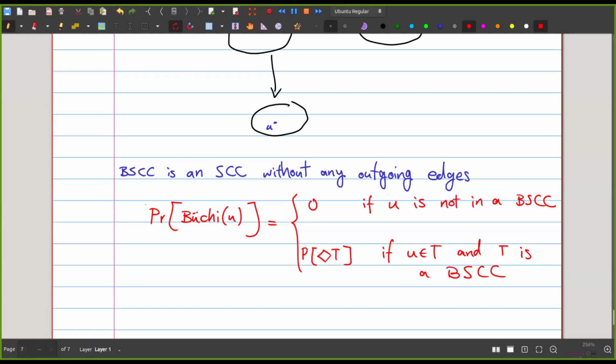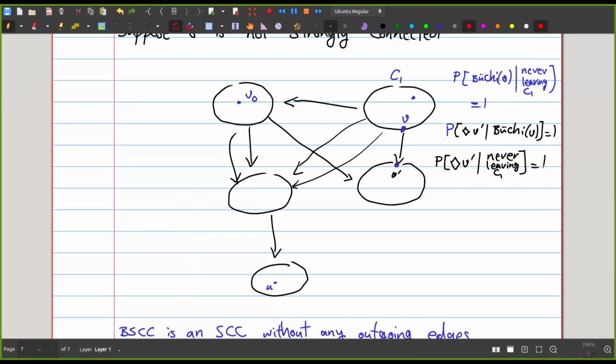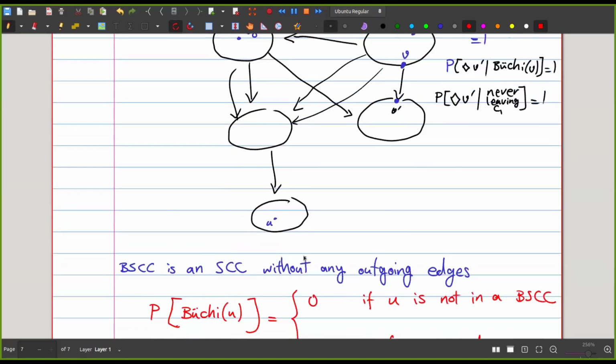Okay. But how do you extend this if I have more than one vertex? So let's say I've given you several vertices and I've asked you what is the probability that I see them infinitely many times. So the general case of Büchi. Well, I just have to look at my bottom strongly connected components.